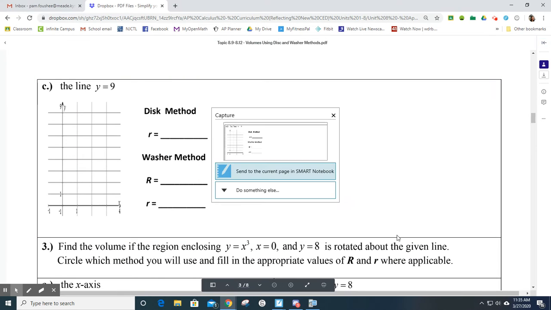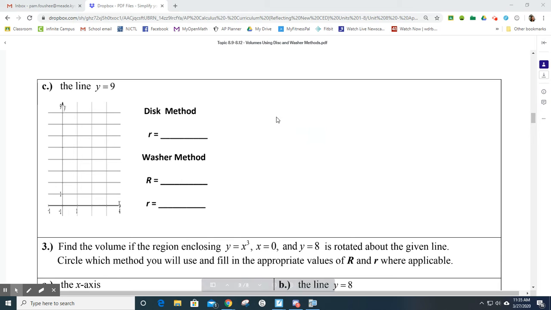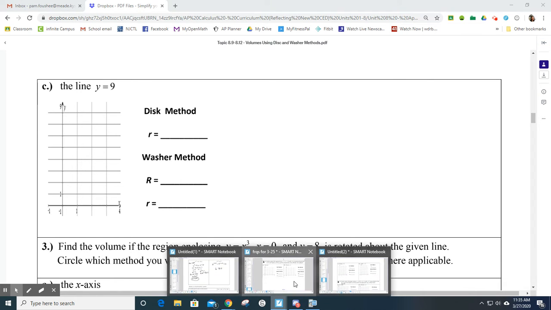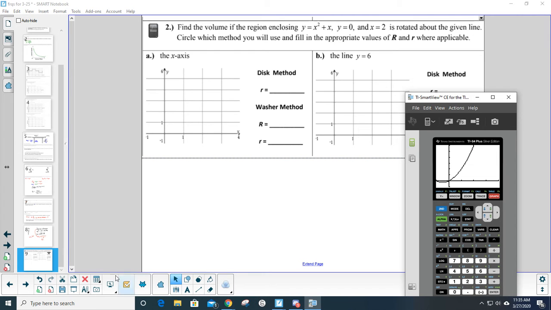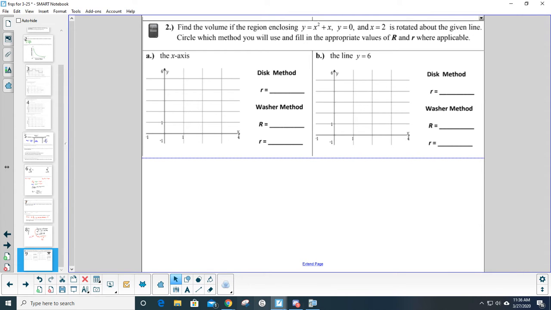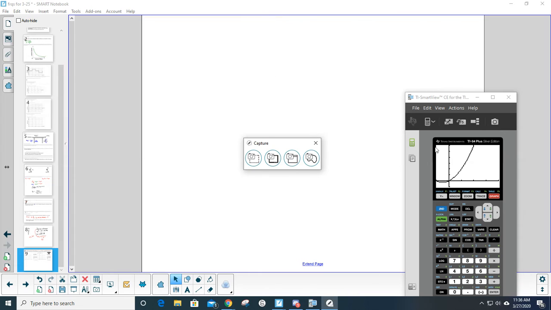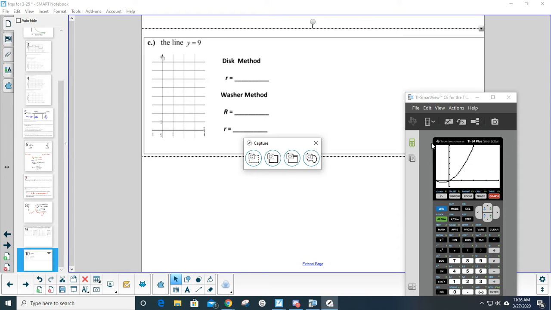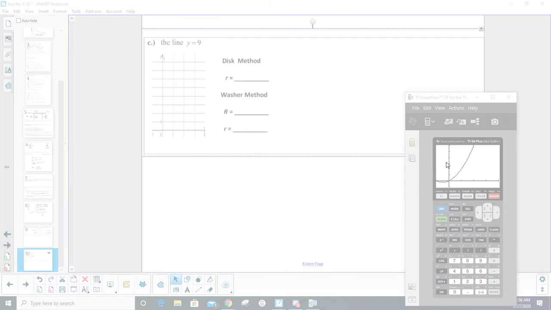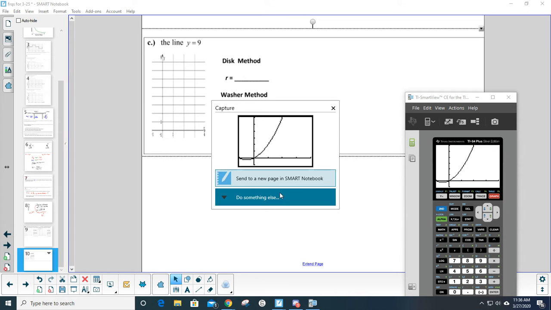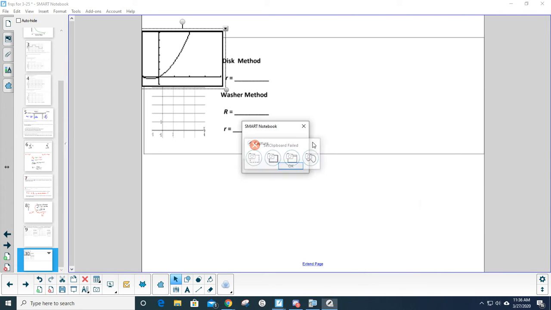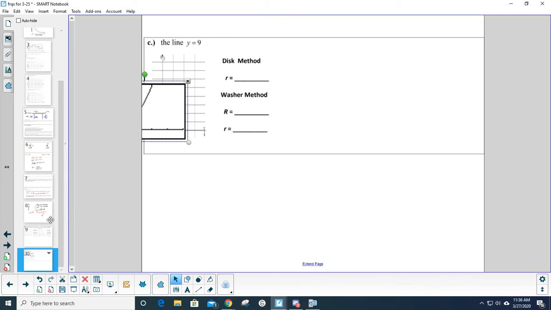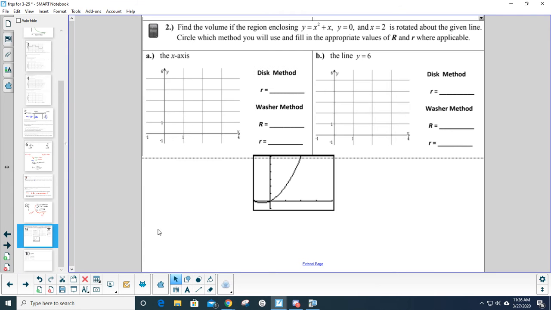We'll send that to a new page, and then we'll jump over here so I can write on it. Thank you for being patient with me. Oh, no problem. Oh, where'd it go? Come on, you turd muffin. Take a picture of this, and we are going to send it to the current page. Let me zoom that out and take this to our first page. Okay, now we're in business.